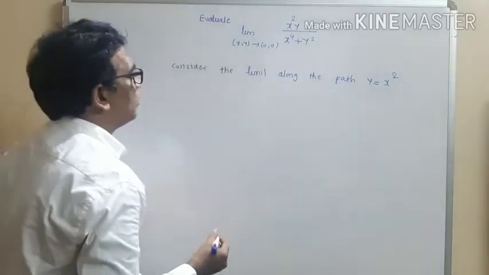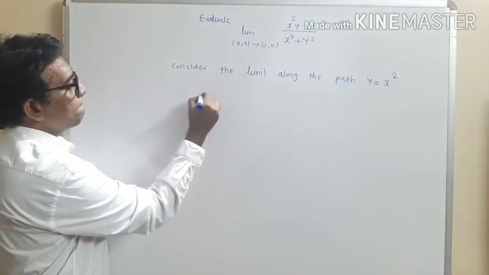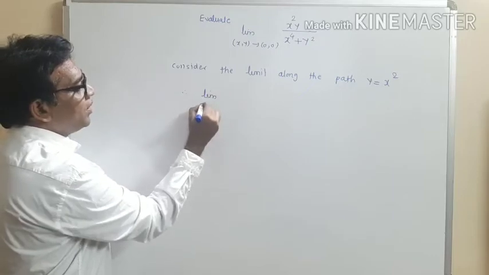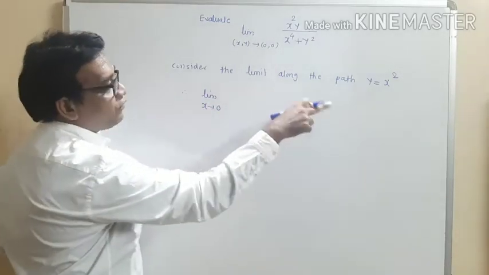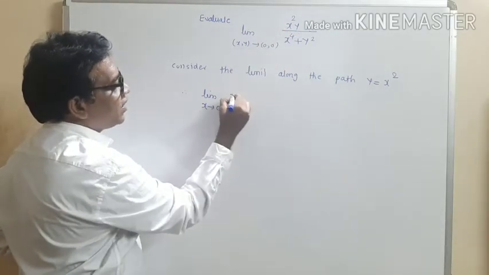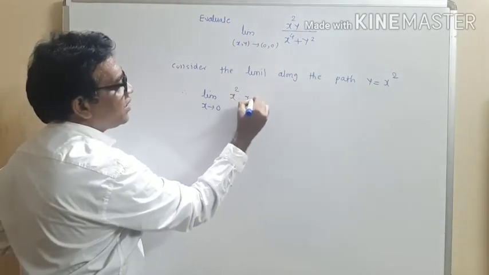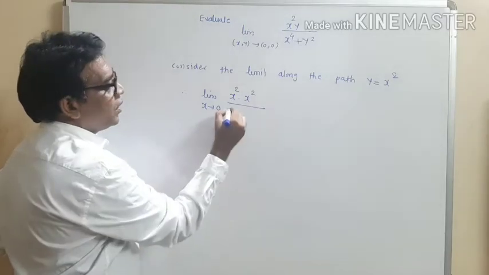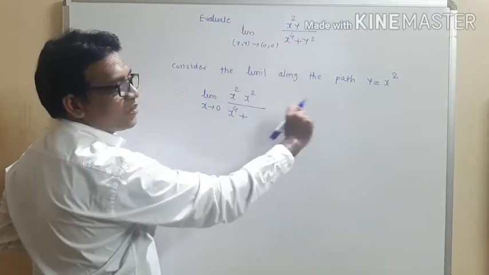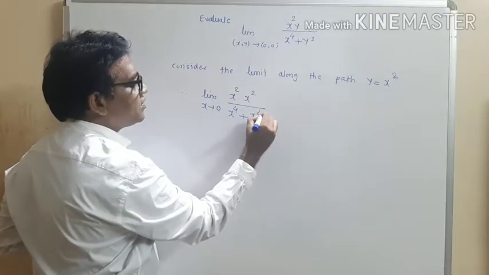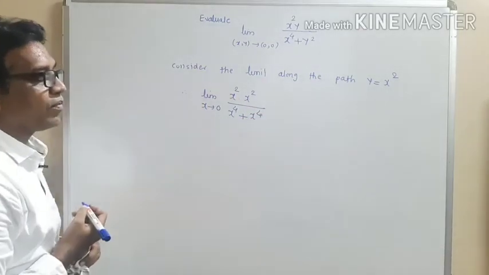So write down, therefore we get limit x tends to 0. Now suppose y equal to x square, then this is x square into x square divided by x raised to 4 plus y square. Y square means this is x raised to 4.